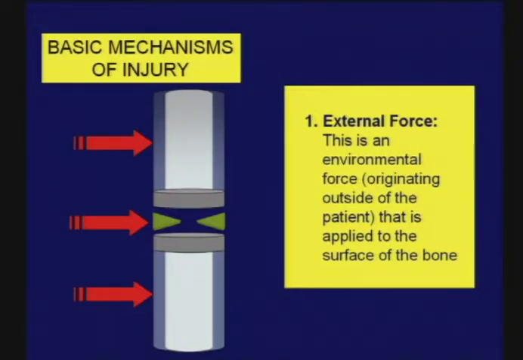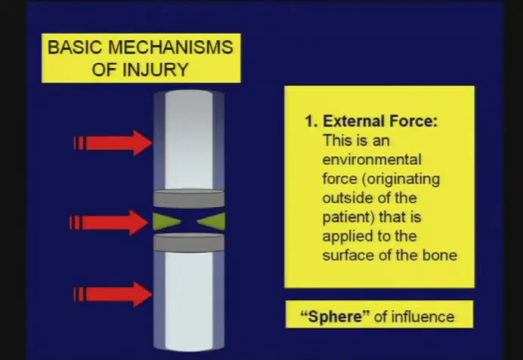The red arrows indicate the point of contact of that external force. What will occur with an external force is a sphere of influence that classically is located on the surface of the bone. Yes, occasionally it's at the joint level if the force was applied directly there, but more often than not, it is away from the level of the joint.